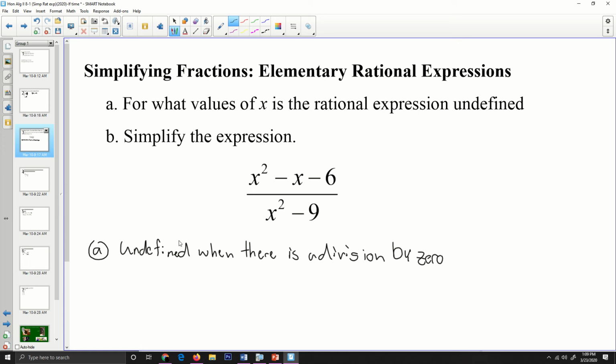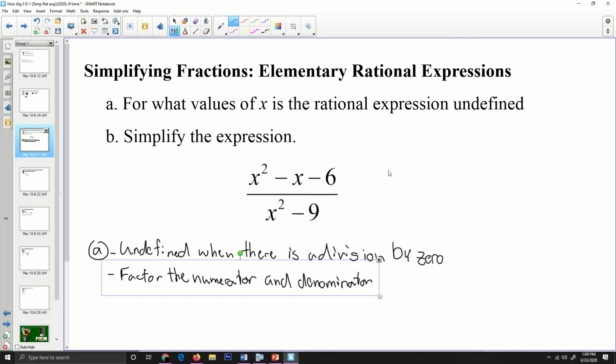All right. And so what we're going to do is factor. We know that the denominator here is a difference of squares.